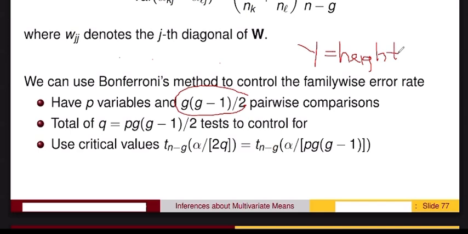Because I got 3 levels of fertilizer, we got 3 groups. Level 1, no fertilizer. Level 2, organic fertilizer. Level 3, chemical fertilizer. And I want to compare the means in these 3 groups.